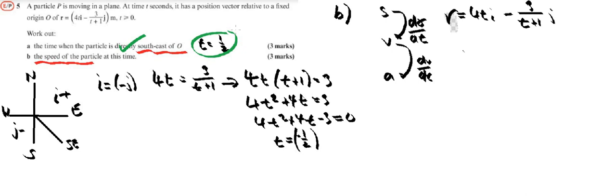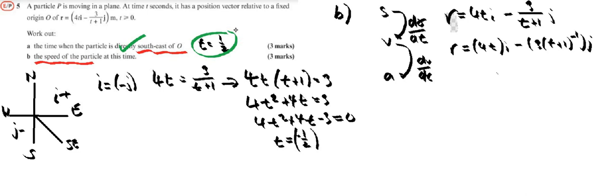Okay, well, let's rewrite it to make it easier to differentiate. So r equals 4t times i minus 3 times t plus 1 to the minus 1, j.